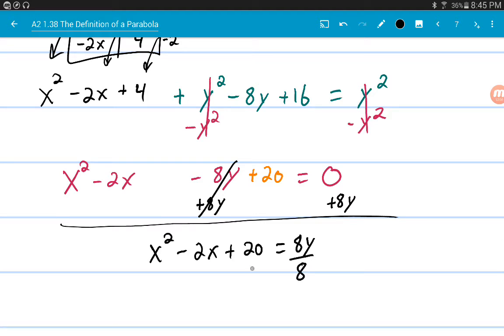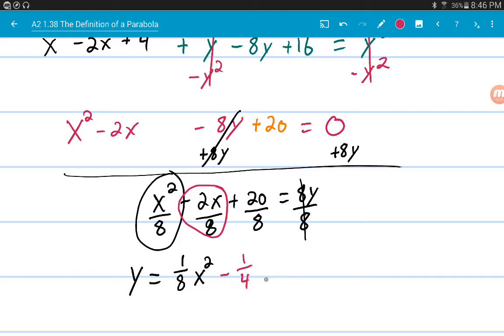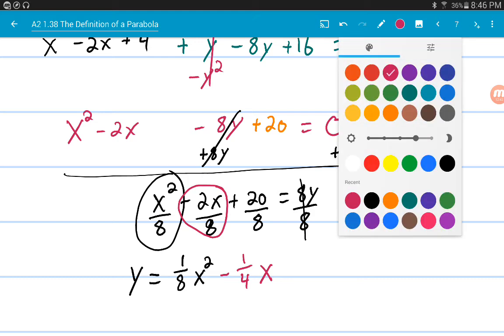In my last real step, I divide every single thing by 8 in order to cancel this out. So when I write my final answer, I say y equals x squared over 8 is 1/8 x squared. Negative 2x over 8 is negative 1/4 x. 2 over 8 becomes 1 over 4.